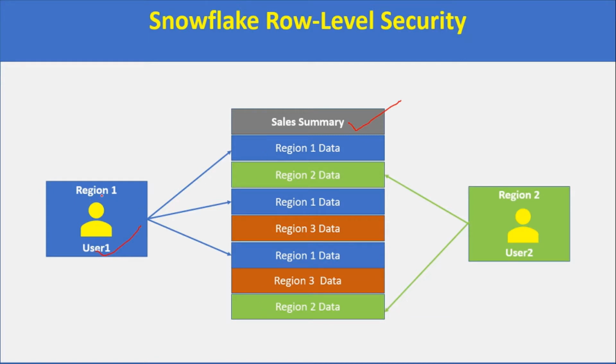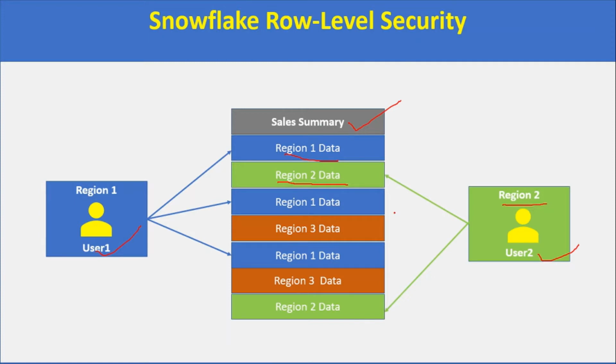Because this user belongs to region 1, the user can see data from the sales summary table only related to region 1. In the same way, user 2 belongs to region 2, hence this user can access only region 2 data from the sales summary table.